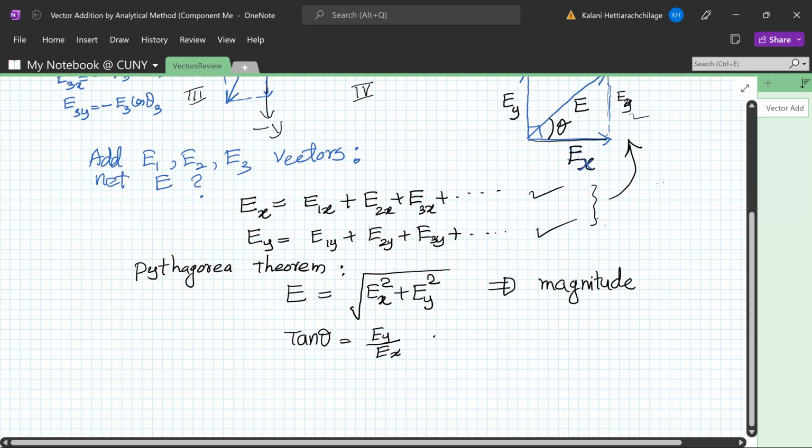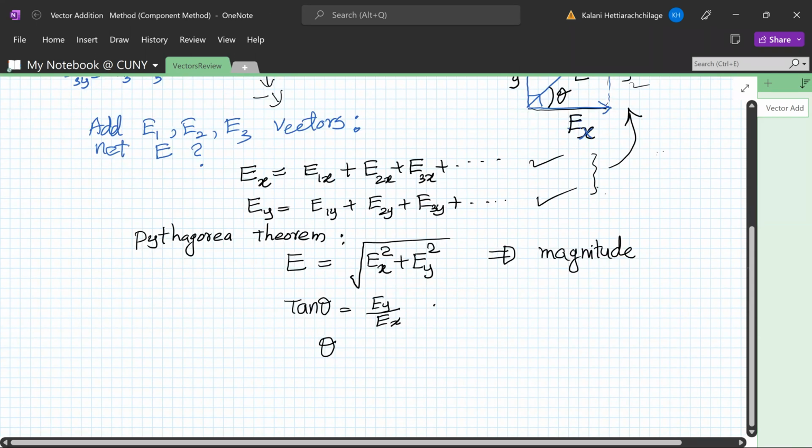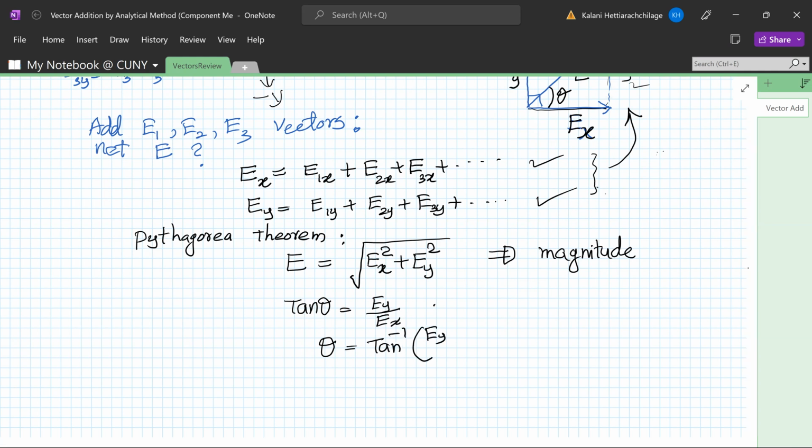From this you will be able to find the theta angle. That will be tangent inverse of EY over EX. Okay, so now this is the direction, but there is a very important thing in the direction.